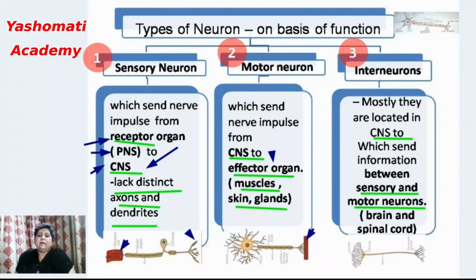We have also tried to understand the difference in location. Sensory neurons originate from the receptor organ, motor neurons end in effector organs, and interneurons form the connection between sensory and motor neurons.